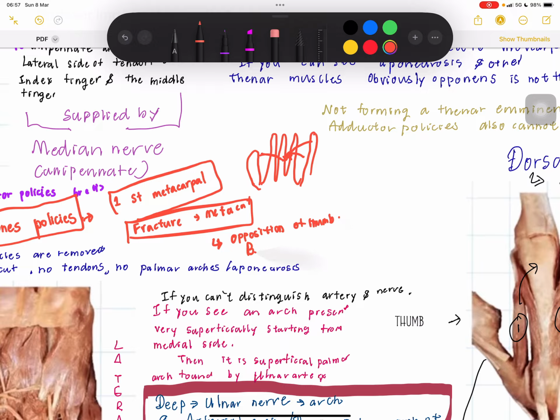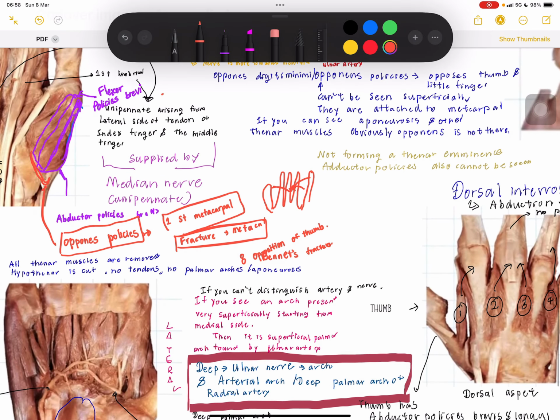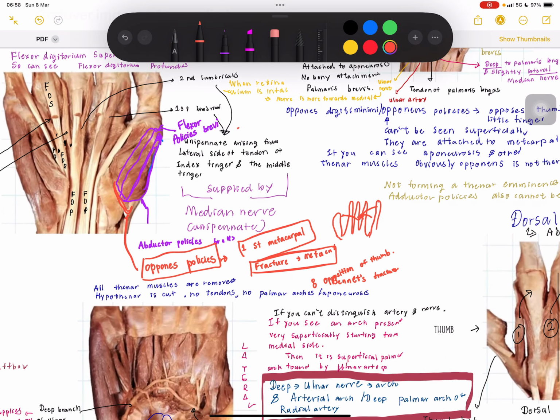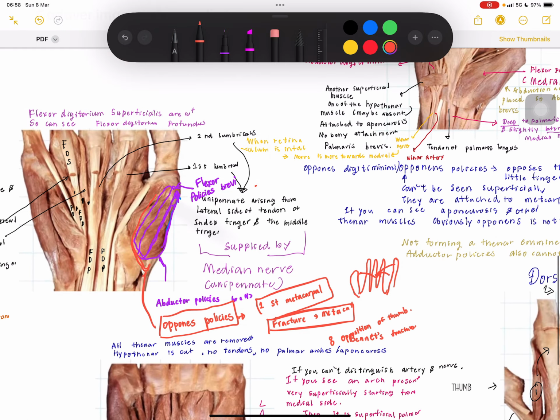We call this Bennett's fracture. So this is the exception because it is attached to the first metacarpal.